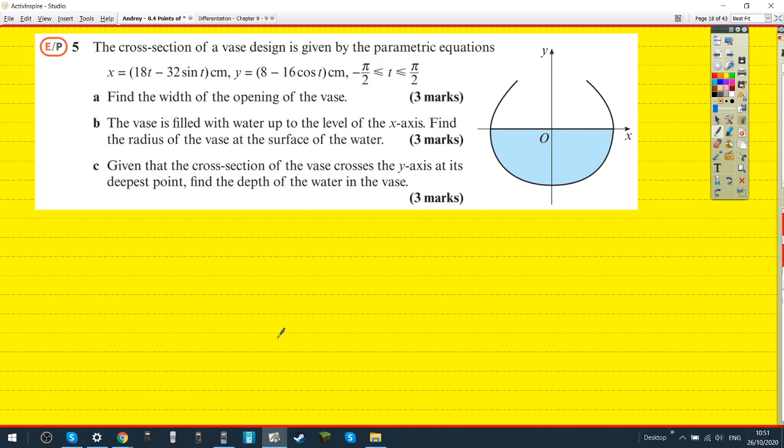I need to sub in minus pi over 2 and pi over 2 to get the width of the x values. That's crazy enough to work. Go on, try it. Go.